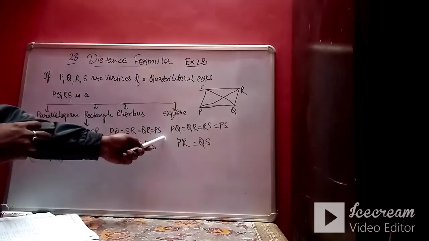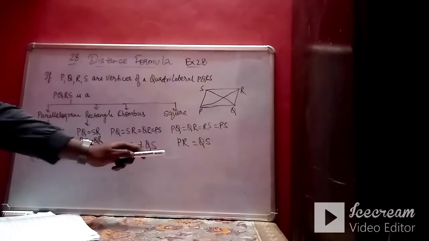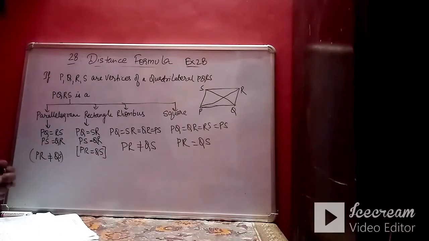And if all the sides and both the diagonals are equal to each other, then these are the vertices of a square. So according to these conditions, we will prove whether the given vertices are of a rhombus, parallelogram, rectangle or square. So let's see the questions related to this. Remember these important points.